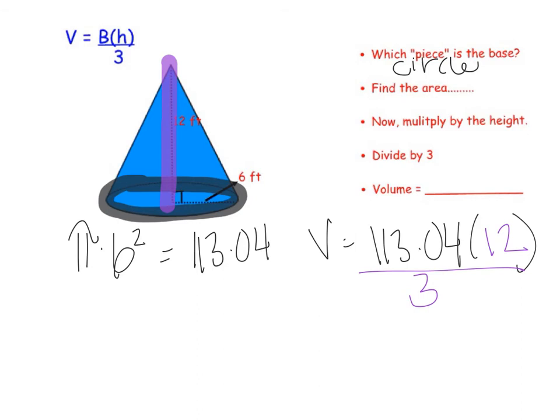We get an answer that's 452.16 feet cubed. My answer came out as a decimal that does not repeat. Okay, it terminated, it stopped, so I'm going to go ahead and just write that answer in. There's no need for me to round here. I got a terminating decimal. It doesn't continue, so again, there's no need to round.